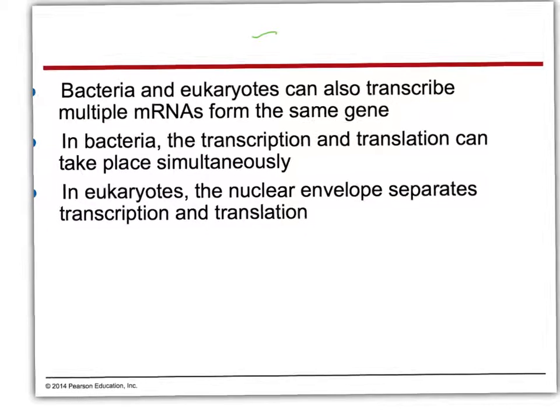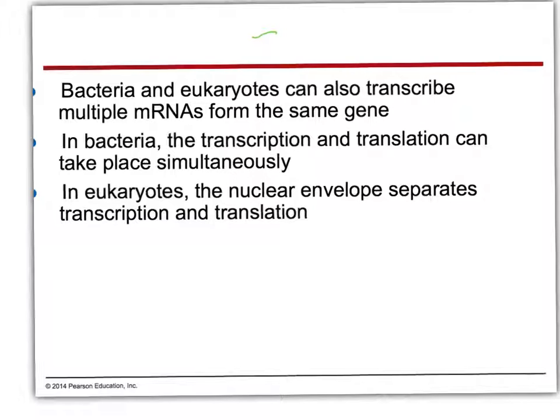Bacteria and eukaryotes can also transcribe multiple RNAs from the same gene. So while transcription is occurring, you're having one copy of the mRNA produced, and then before that's done, another one is also produced.